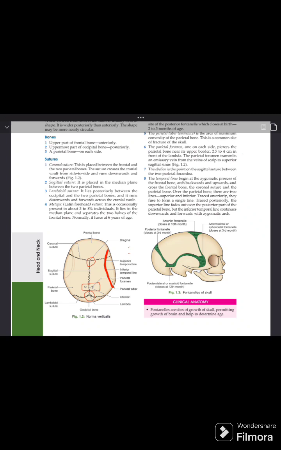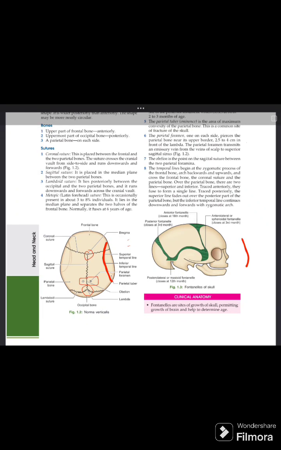After that, there is some discussion about the fontanelles. Do you know about fontanelles? Guys, fontanelles are the spaces where sutures join and form a membrane-covered soft spot, that is called a fontanelle. You can see here this green space. The sutures join here and form a soft spot which fuses completely after some time after birth.